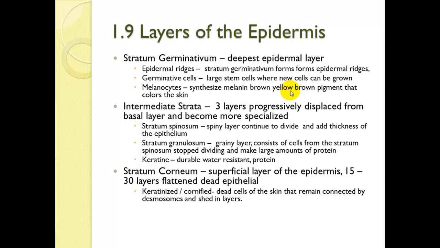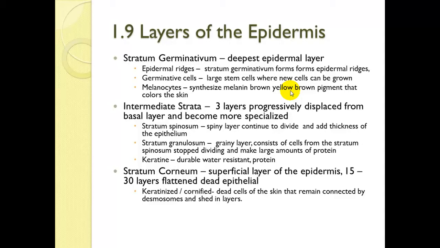After that, you have the intermediate strata, three layers, progressively displaced from the basal layer and becoming more specialized. You have the stratum spinosum, a spiny layer that continues to divide and adds thickness to the epithelium. You have the stratum granulosum. The granular layer consists of cells from the stratum spinosum that stop dividing and make large amounts of protein.